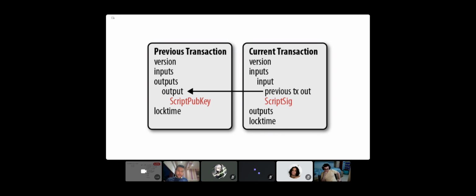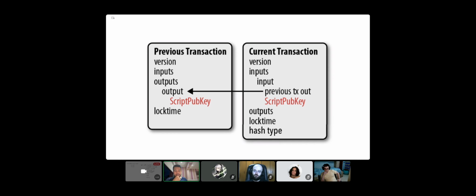So what is done? The signer will produce this transaction here, and it will erase the script sig field. Then it will take the script pub key field from the previous transaction. Remember, the previous transaction is something that he received and is trying to spend. So I will take the script pub key, which is public information. It's already in the blockchain, and I will copy it into the transaction that I'm signing. And I'm doing this just for the signature production.